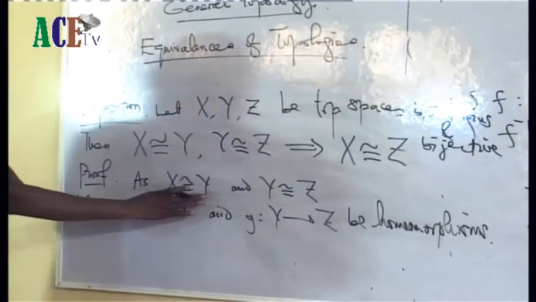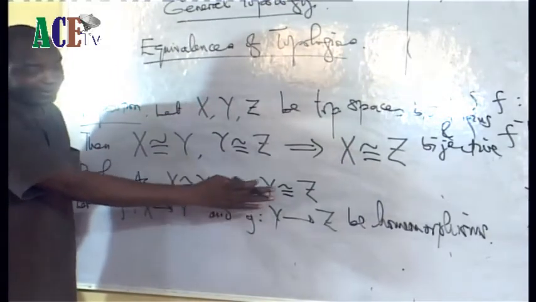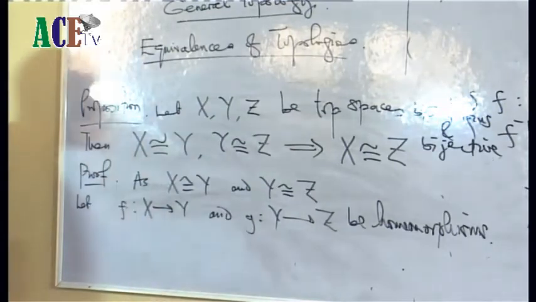So if you have X being homeomorphic to Y and Y is homeomorphic to Z, then there is a map that relates the two of them.